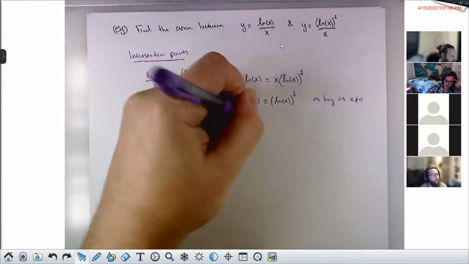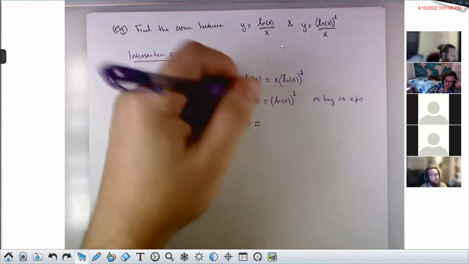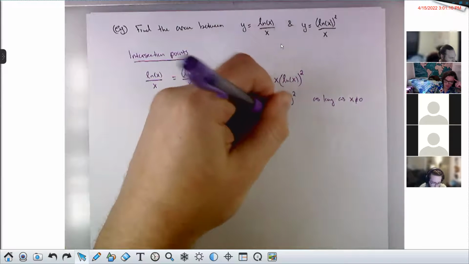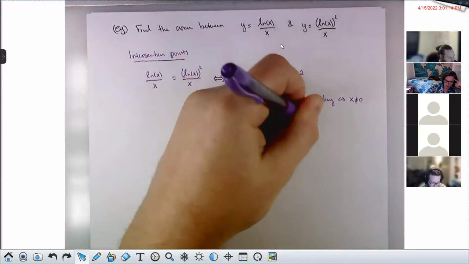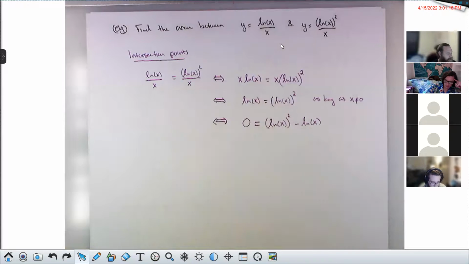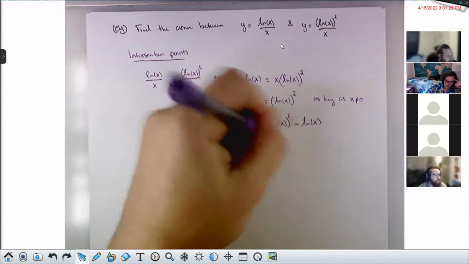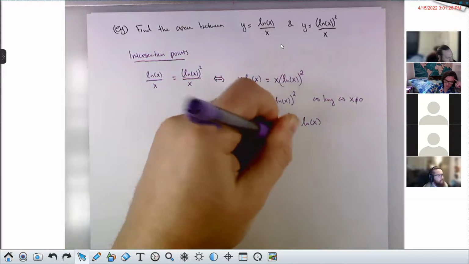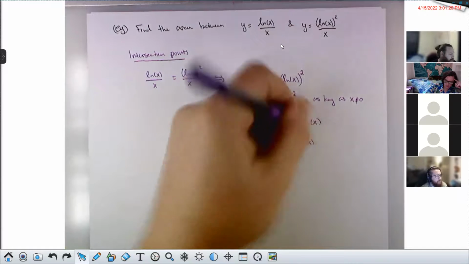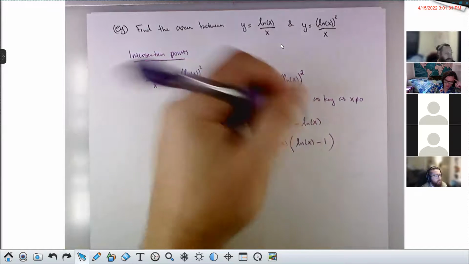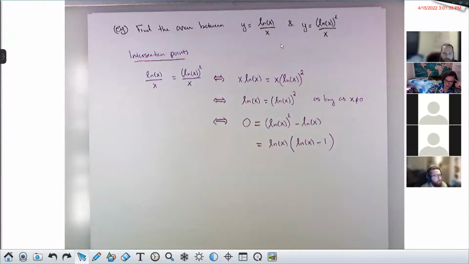Sometimes people say they're going to make a substitution algebraically. I'll just write it like this. I'll subtract the natural log of x from both sides. And then I'll factor out a natural log of x. Should give me natural log of x times the natural log of x minus 1.